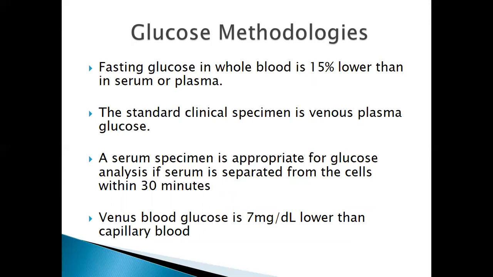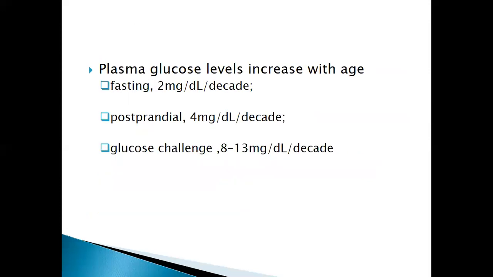Serum is appropriate for glucose analysis only if it is separated from the cellular elements within 30 minutes of collection. And venous blood glucose is usually 7 milligrams per dL lower than capillary blood specimens.